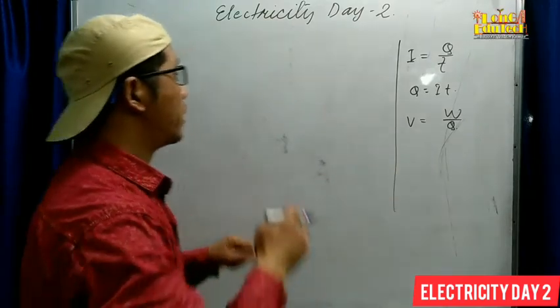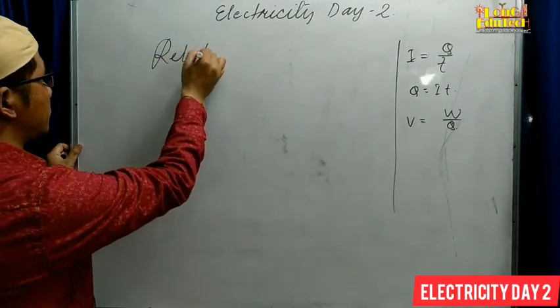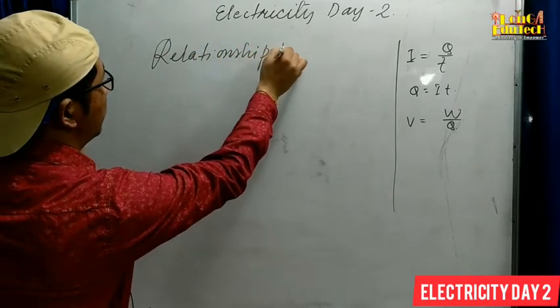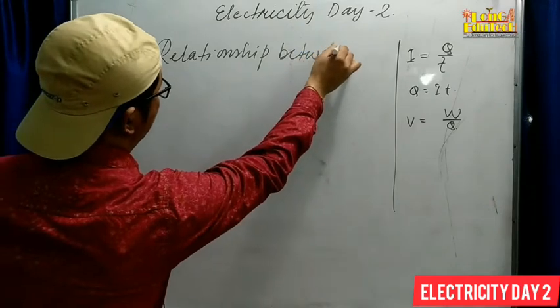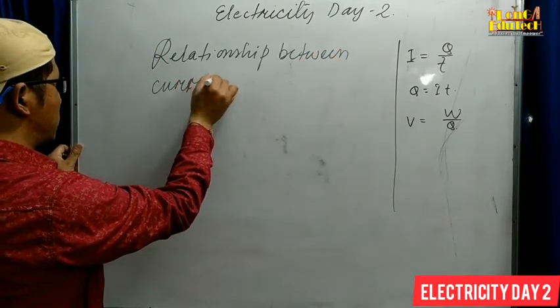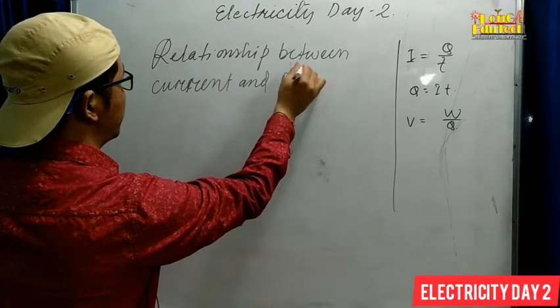We already learned all these things, and now let us learn about the relationship. What is the relationship between the electric current and the potential difference, denoted by PD?